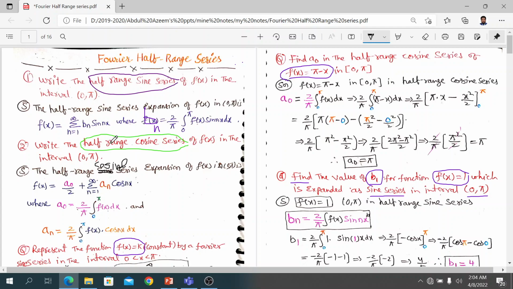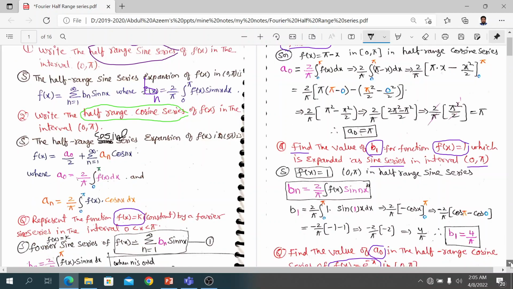Now the half range cosine series is f of x equals a naught by 2 plus sigma n equals 1 to infinity an cos nx, where a naught is equal to 2 by pi integration 0 to pi f of x dx, and an is equal to 2 by pi integration 0 to pi f of x cos nx dx. So these are the two definitions that may be asked in the exam.